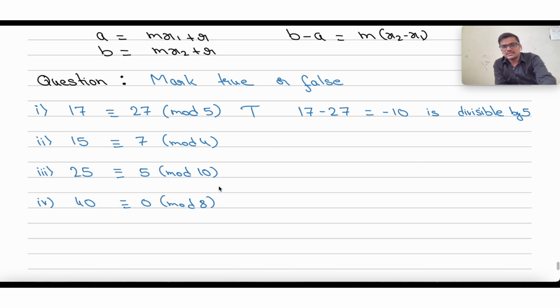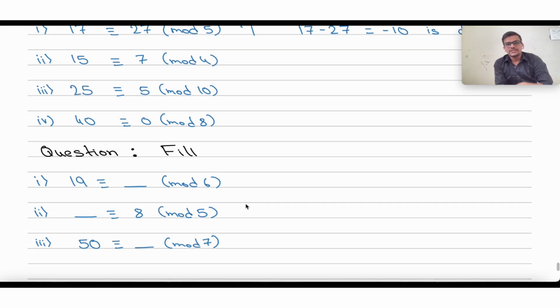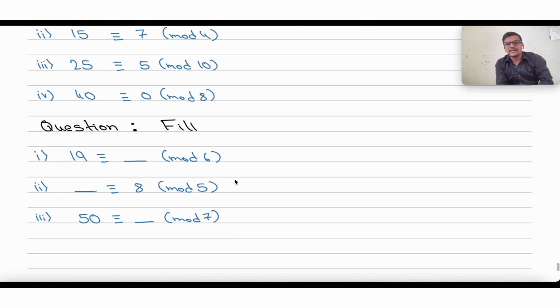Now we will move to the next one. In the next question we have to fill in the blanks. So here 19 is there, and suppose a is my required one. If a is my required answer, then 19 minus a will be divisible by 6.